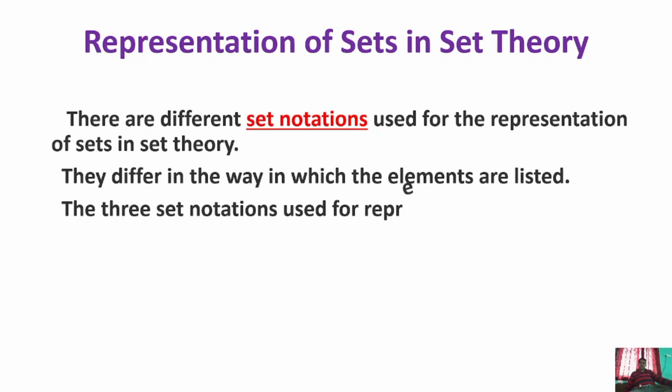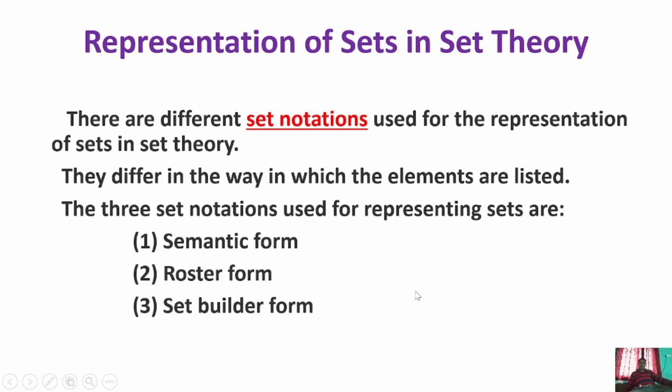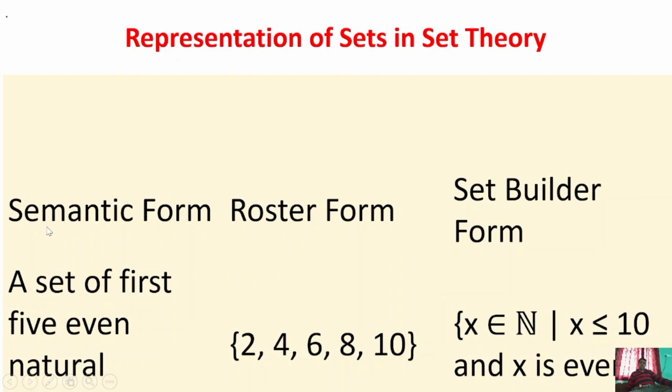There are three notations used for representation of a set: the first is the semantic form, the second is the roster form, and the third is the set builder form.